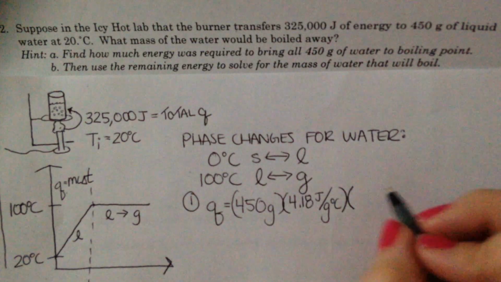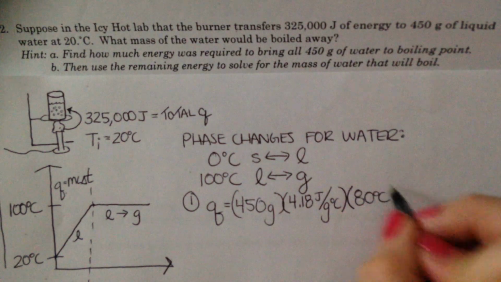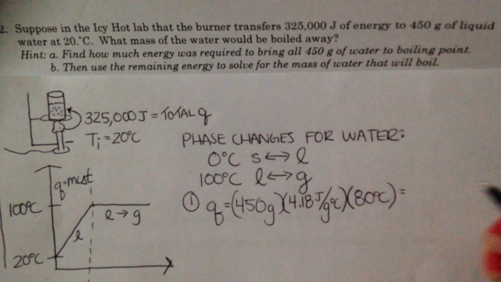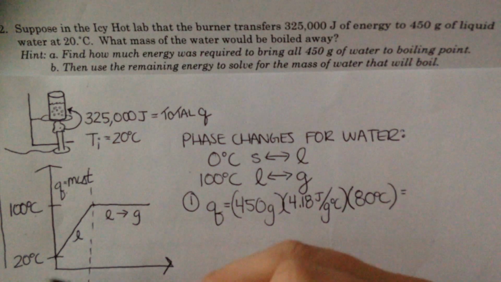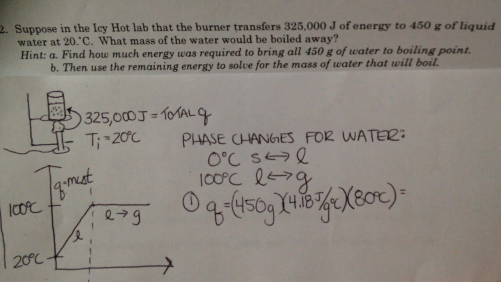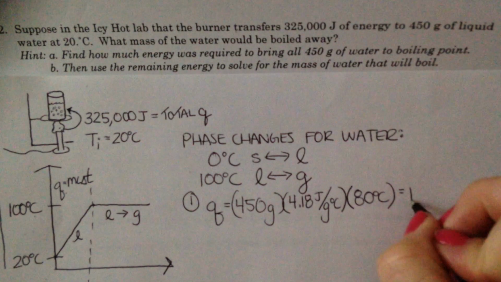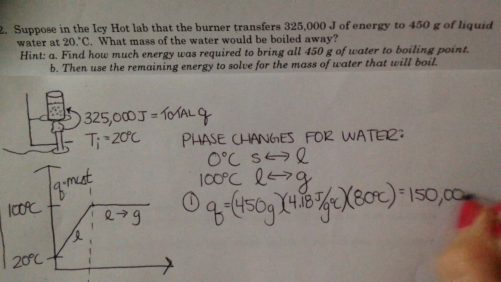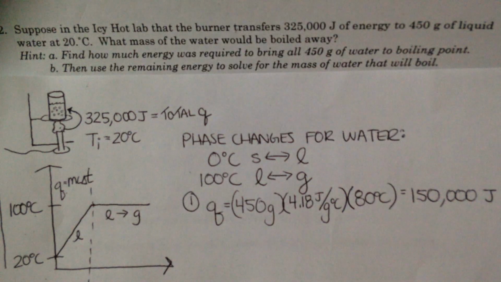So 100 minus 20 is 80 degrees Celsius. Calculating that out, our Q, the amount of energy needed to warm our liquid from 20 to 100 degrees, is, rounded, 150,000 joules of energy.